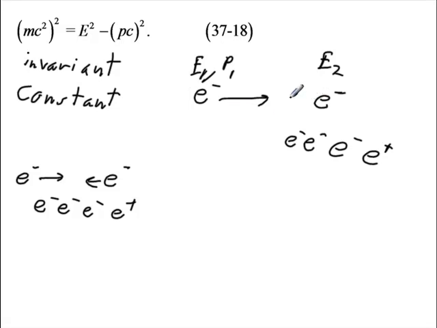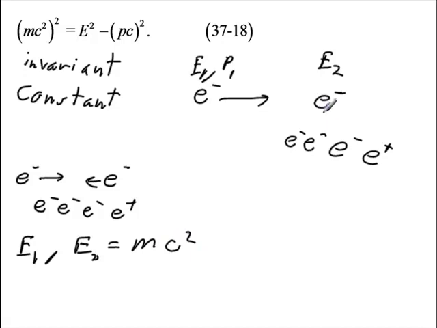So before the collision, I have a total energy that's just E1 plus E2. I'm going to put the momentum P1 in terms of E1. So E1 is what I'm going to be looking for. And then E2 is simply equal to the mass of an electron times c squared.